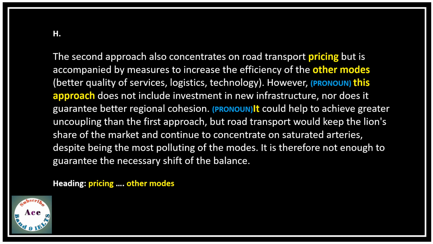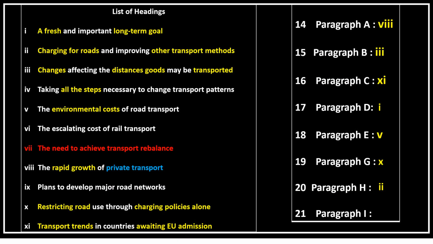And it is about curbing or restricting the growth in the roads. But in this paragraph, it talks about pricing and other modes or increasing the efficiency of other modes. And for this paragraph, the second option is the best option because it talks about charging for roads and improving other transport methods.